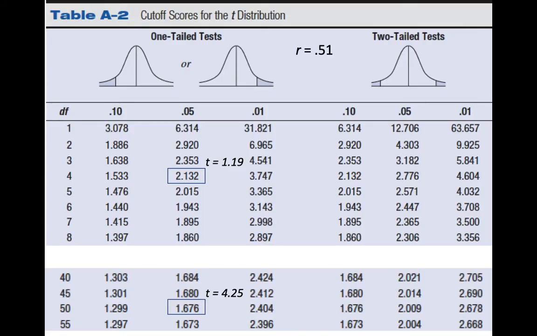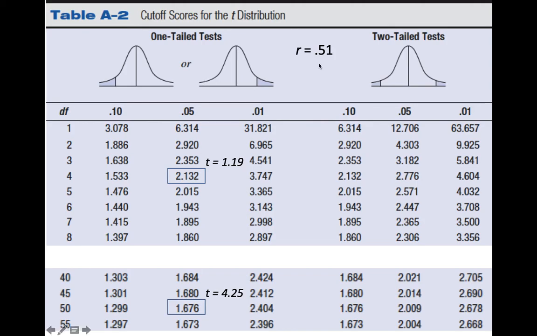Now the other thing that we need to adjust, of course, is the critical value. Based on degrees of freedom of 50, the critical value is also less. So you can see the difference between the two calculations and the two research studies, if you will.